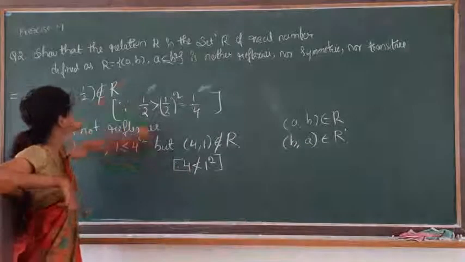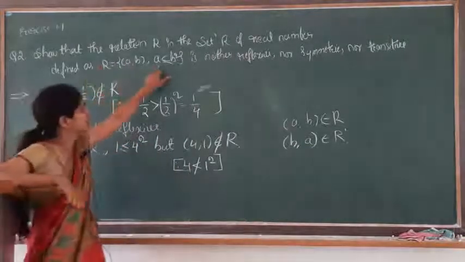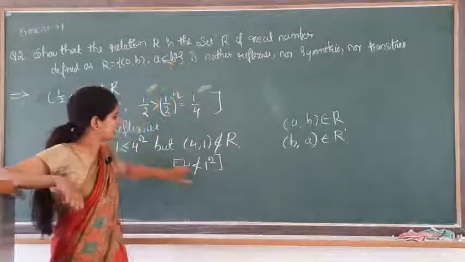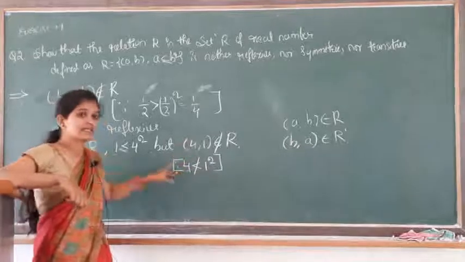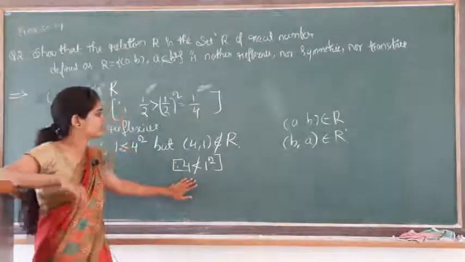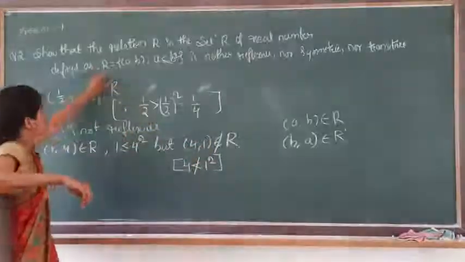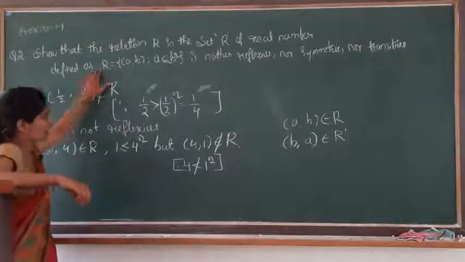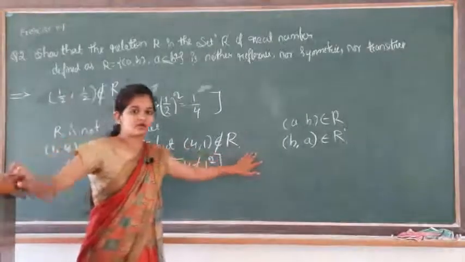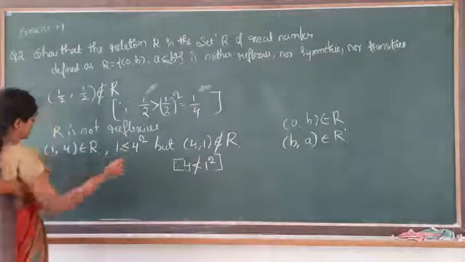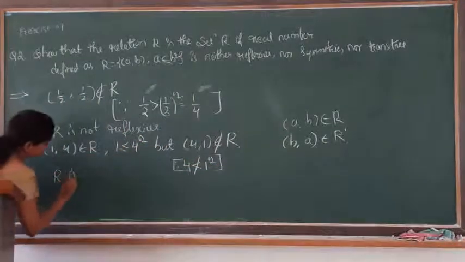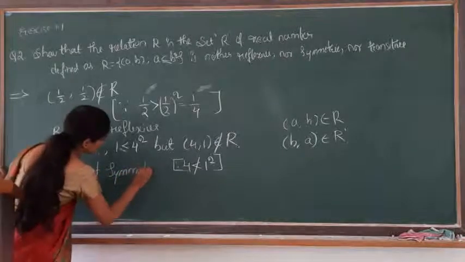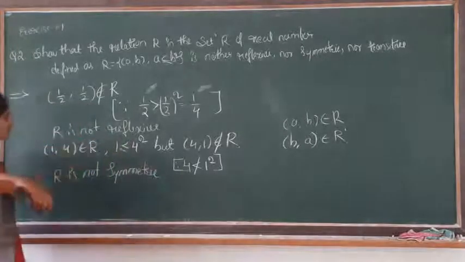But the given relation requires a to be less than or equal to b square, and here we got 4 greater than 1. So the ordered pair (4, 1) does not belong to the given relation. (1, 4) belongs to R but (4, 1) does not belong to R, so according to our definition of symmetric, R is not symmetric.